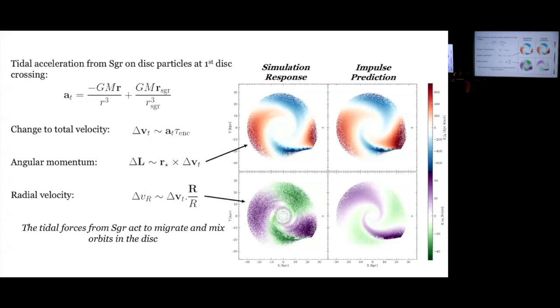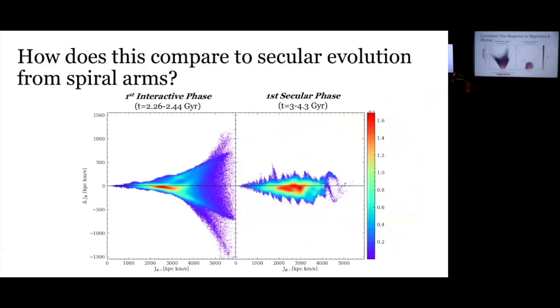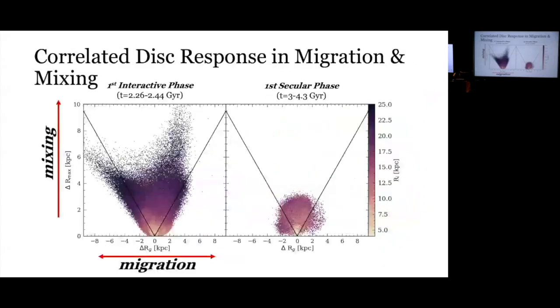So these populations, preferentially in the outer disk, are being not only torqued quite significantly, but also heated quite a bit. That's why you get this correlation between these two quantities, and that's why it appears in this case for the first encounter, and this also applies to the most recent encounter as well.